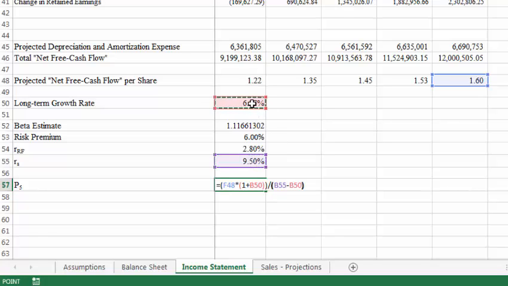Now, by the way, this is going to be way higher than the market is seeing today. I think it's because my net income is higher than we are actually realizing, and that long-term growth rate is a lot bigger than it ought to be.